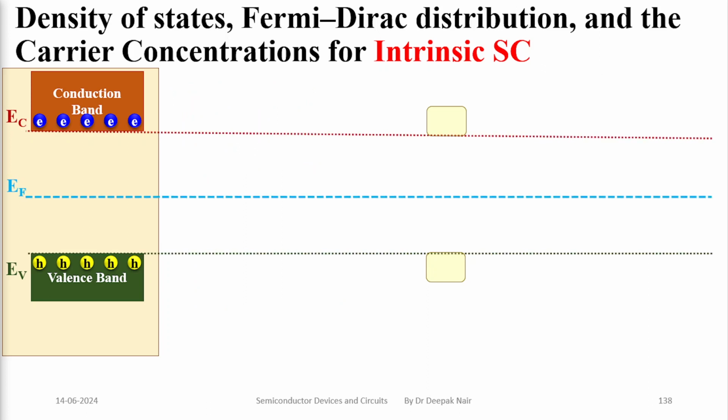If we try to plot the Fermi energy with respect to the conduction energy band and valence energy band, let us assume there are three lines: the brown line representing conduction energy, the green representing valence energy, and EF representing the Fermi energy. In the case of an intrinsic semiconductor, we have seen EF will be at the center of EC and EV.